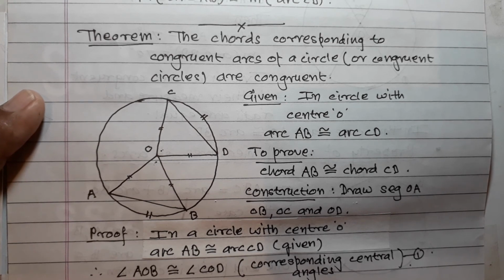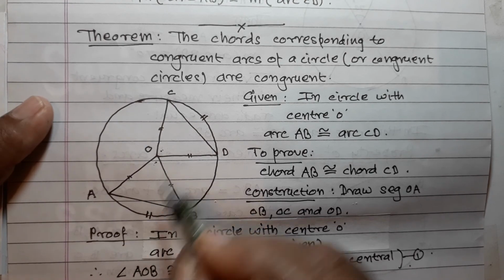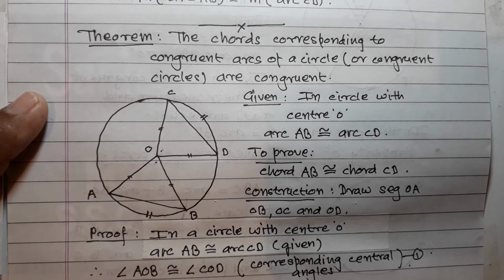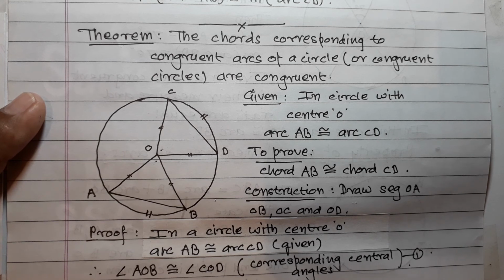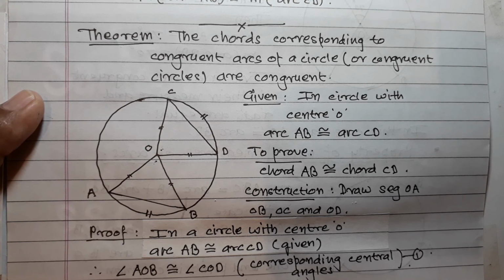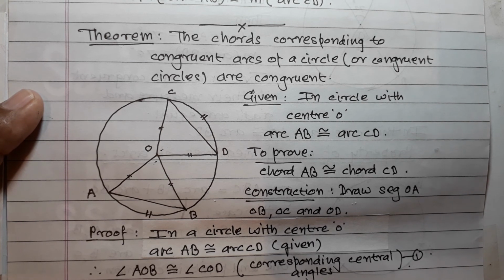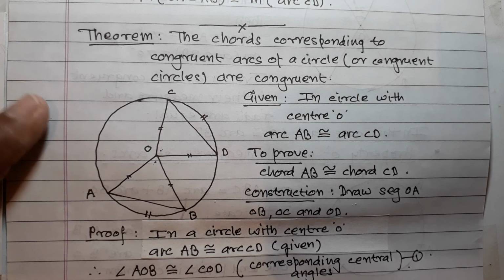And therefore side AB is congruent to side CD. So this side and this side are equal, corresponding sides of congruent triangles, and this is the chord, so therefore chord AB is congruent to chord CD.